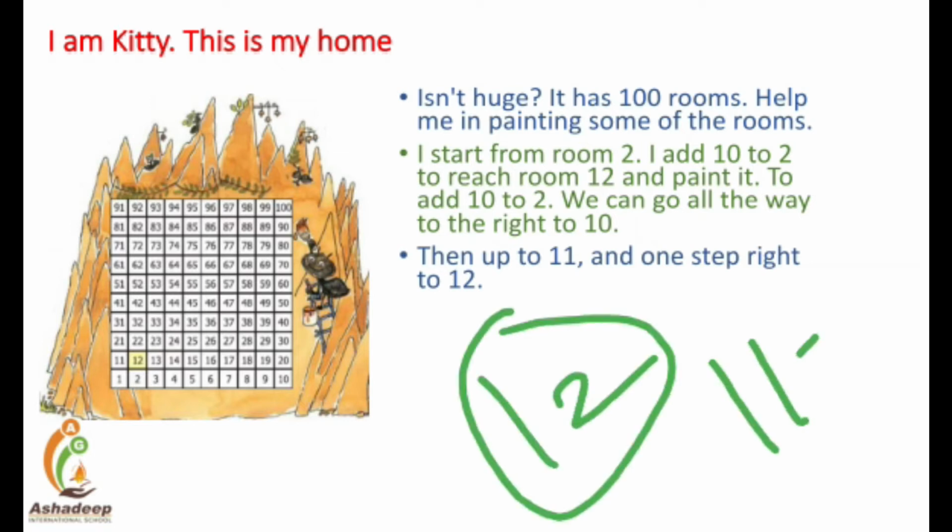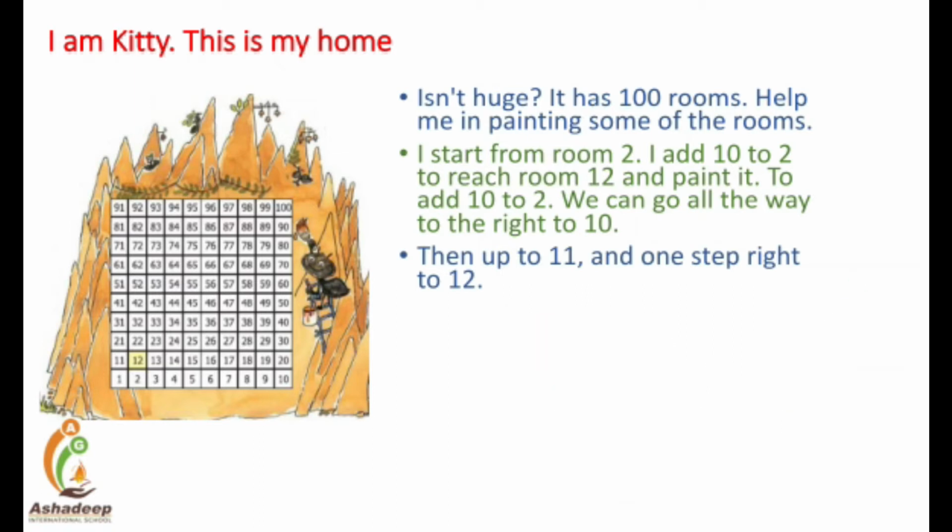One step right, so the number is 12. Okay, the next thing is, this is one way to go from 2 to 12, means room number 2 से 12 तक जाने का ये एक रास्ता है, right?